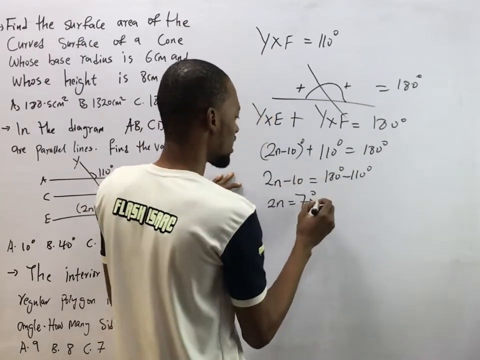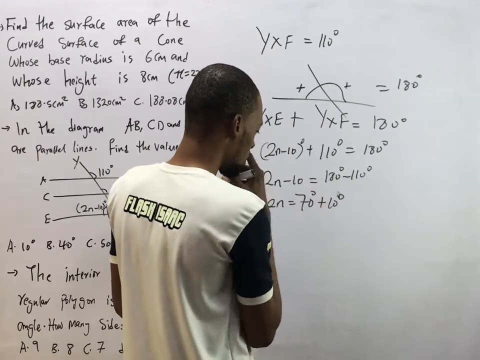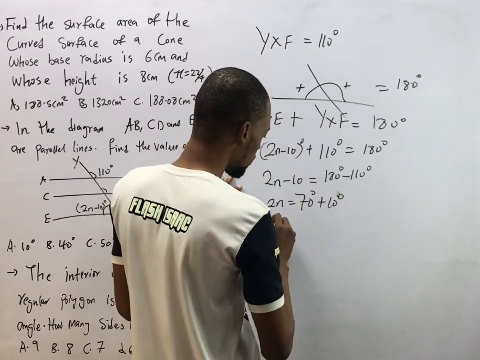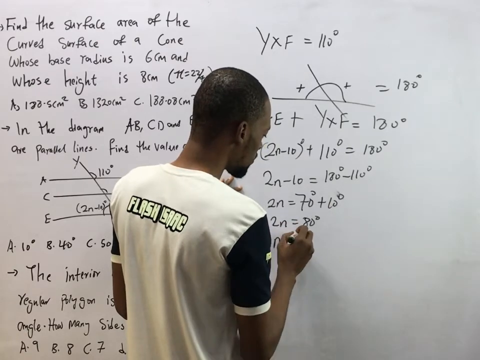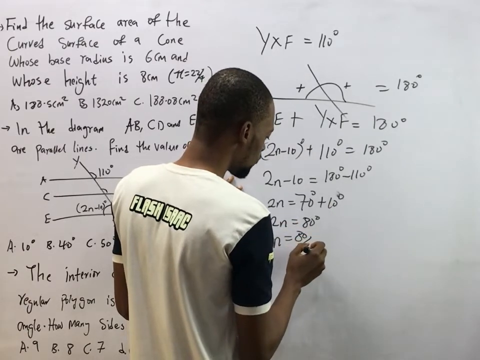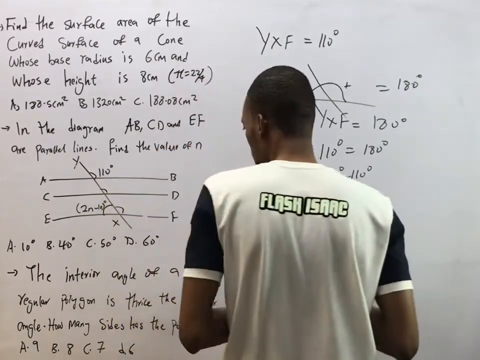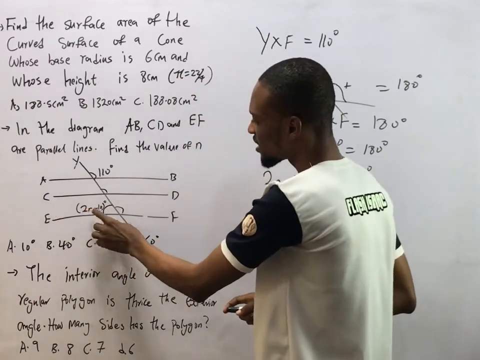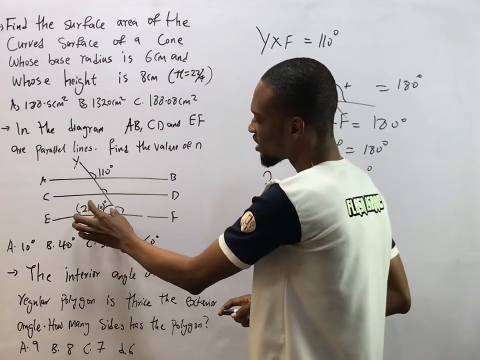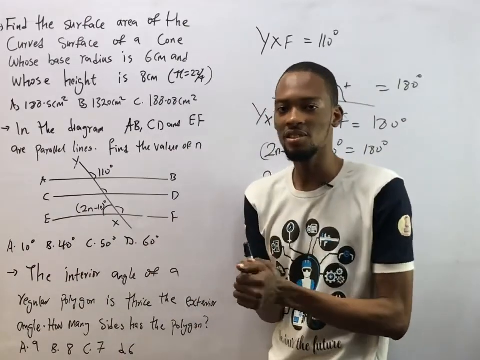Taking this to the other side, plus 10 degrees. So 2n degrees is equal to 80 degrees. So n will give you 80/2, which is equal to 40 degrees. So the value of n is 40 degrees. And the angle here will be 2 times 40, 80 minus 10, 70 degrees. So here is 70 degrees. So that is the answer to this question.